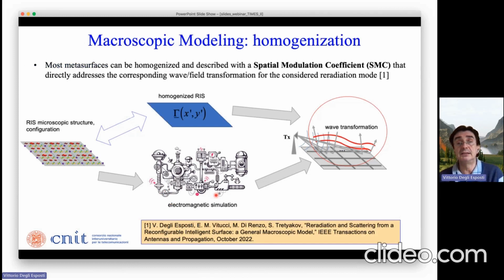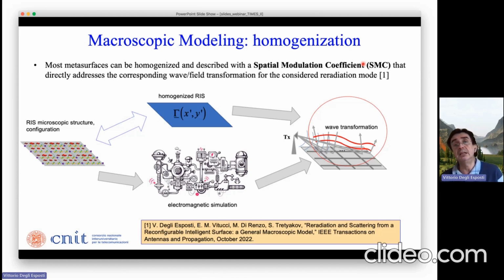And the base is to start from homogenization. So most metasurfaces can be homogenized and described with a spatial modulation coefficient, which is basically a variable reflection coefficient that directly addresses the corresponding wave and field transformation the RIS is conceived to apply.